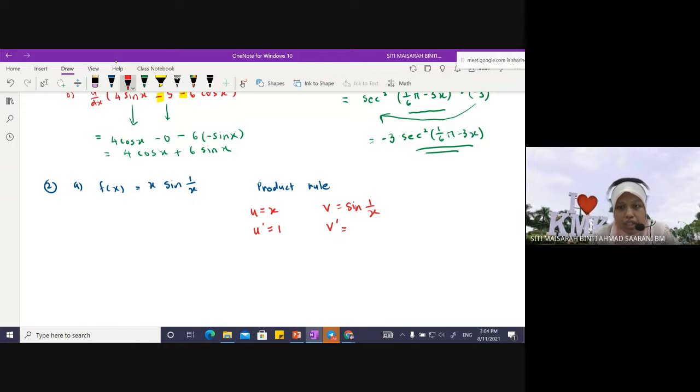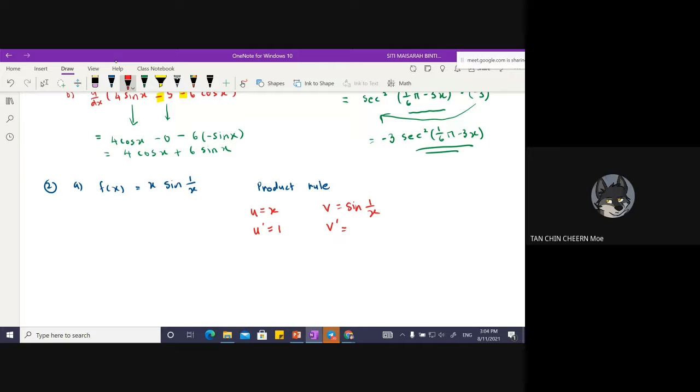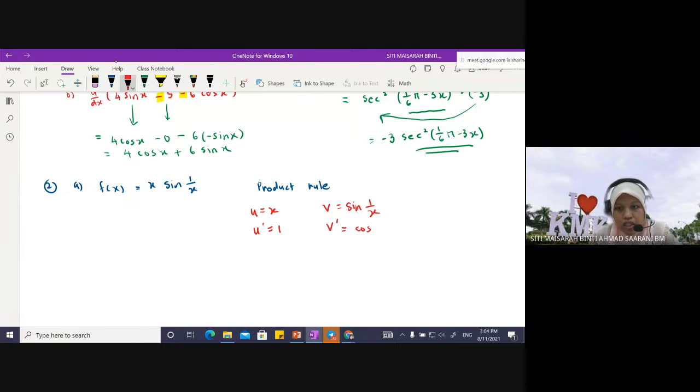Differentiate sine 1 over x. Kalau sine dapat cos. Differentiate 1 over x. Differentiate sine 1 over x, we get cos 1 over x, multiply, differentiate 1 over x, is become negative x power negative 2. So kalau kita ringkas dia akan jadi negative cos 1 over x square.